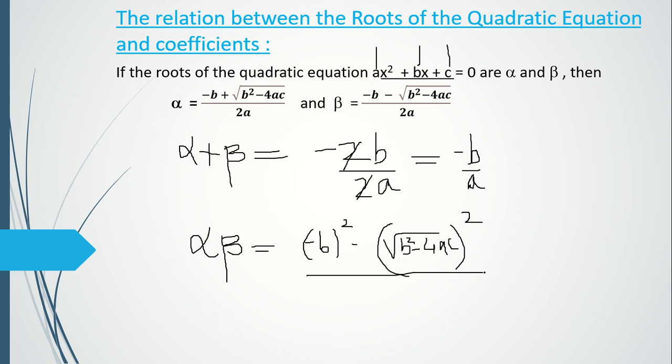And down, 2a into 2a, 4a square. 2 into 2 is 4 and a into a is a square. So we have multiplied the numerators of both and we have multiplied the denominators of both. Okay, so what do we get next? Here we get b square minus, now this root and square will go, minus is there outside the bracket, so this will become minus, and 4ac will become plus 4ac, upon 4a square.